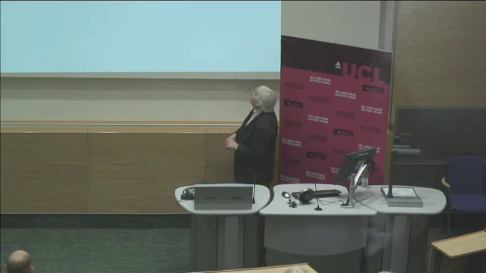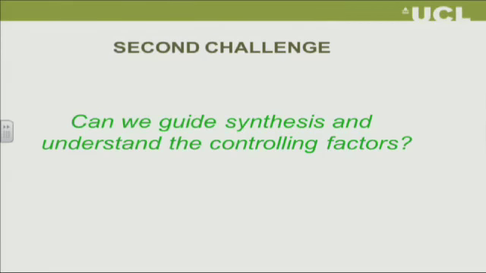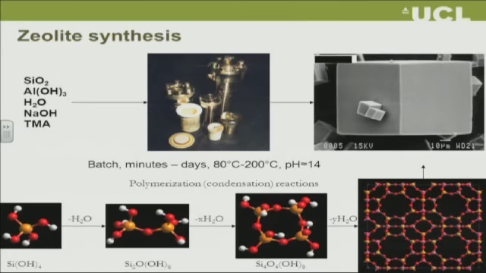That is, can we guide synthesis and understand the factors that control synthesis? One just brief illustration. And we're going back to these zeolites, these wonderful complex crystal structures that have all these applications in industry. The way in which we synthesize them is to quite a large extent a black art. They contain silicon and aluminium, so we chuck sources of silicon and aluminium into a kind of synthesis brew.